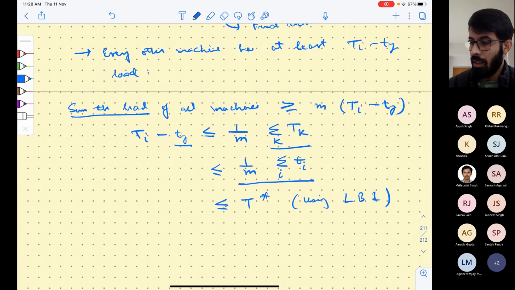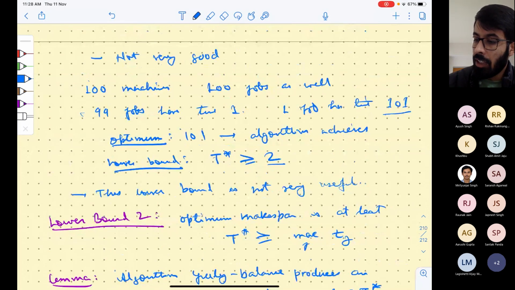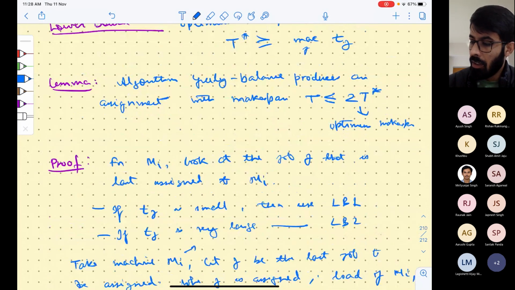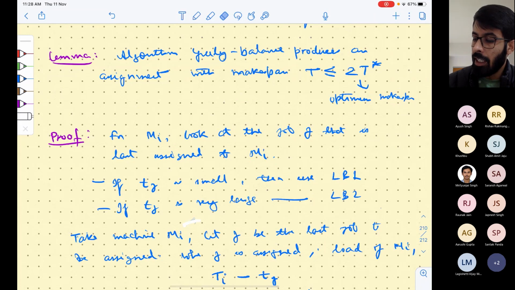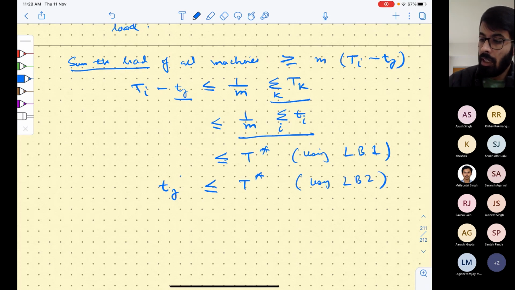Okay, so fine. So now we have done this, and what is left is just Tj. Since we have taken an arbitrary machine Mi, and we are looking at its jobs, we saw that Ti minus Tj is at most T star, and for Tj itself, we know that it is at most T star using lower bound 2. So now we sum these up.